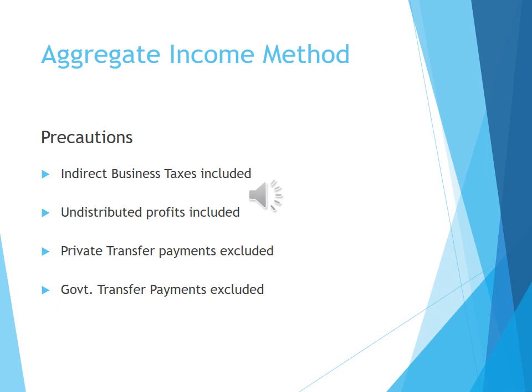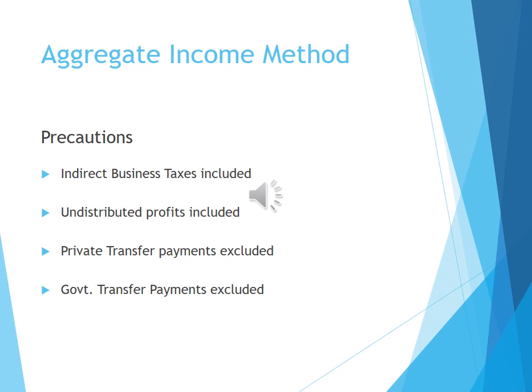In fact, not all the profit earned by a business or by a joint stock company is distributed among its partners or shareholders, but some part of this earned profit is kept undistributed for the extension of the business and to deal with some crisis. As this undistributed profit is earned by the nation, it must be included in the aggregate income, although it is not distributed among the entrepreneurs.